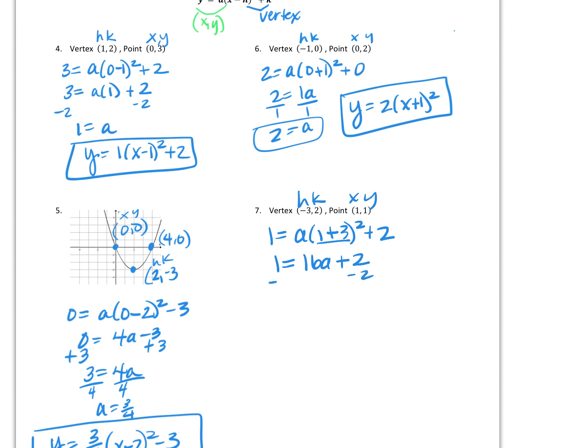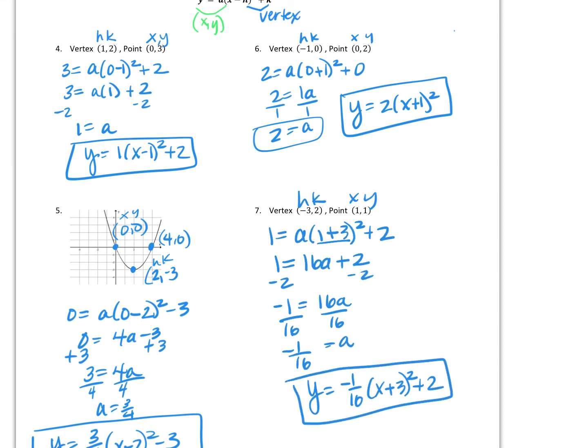I'm going to subtract 2. It's going to give me negative 1 equals 16a. So a is equal to negative 1/16. All right, so my equation would then look like this: negative 1/16 times x minus h, so plus 3, squared plus 2. And there's my equation. Feel free to use the table of your calculator to check your work.